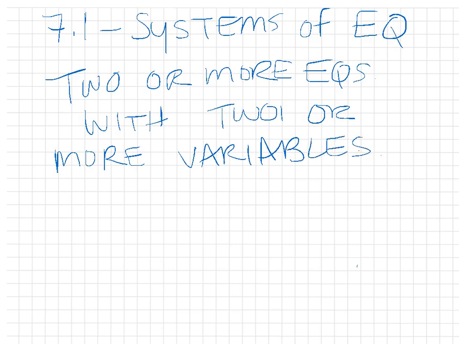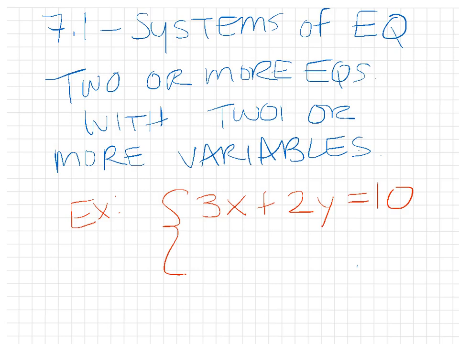So for example, I am going to give you an example. You've got this set bracket. That's what this is called, your set bracket. And so we could have 3x plus 2y equals 10, and we could have 10x plus 5y equals 15.